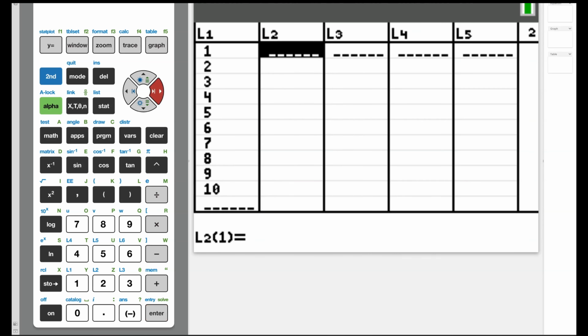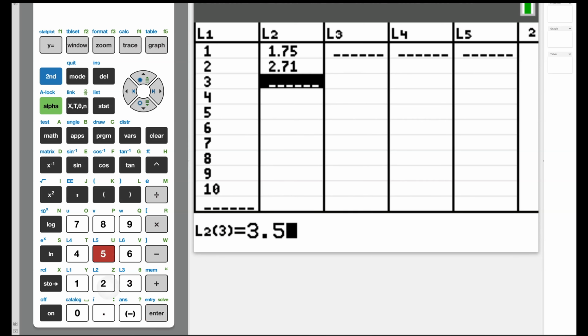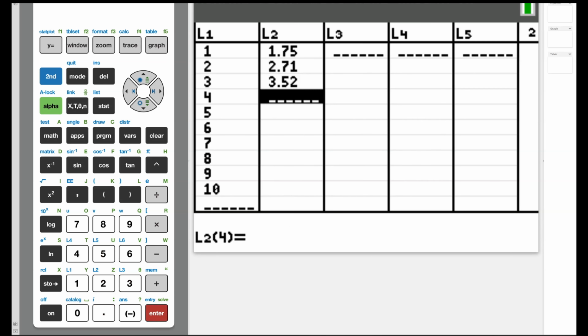Then you're just going to push the over arrow, and then you're going to put in all the Y values in the same order. So we have 1.75, enter, 2.71, enter, 3.52, enter. So just keep going down through that list and put those numbers in.